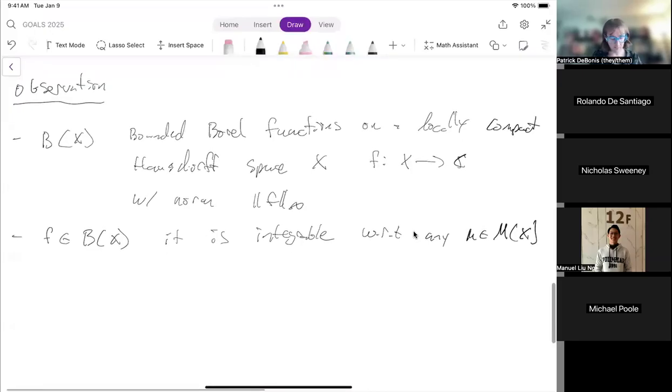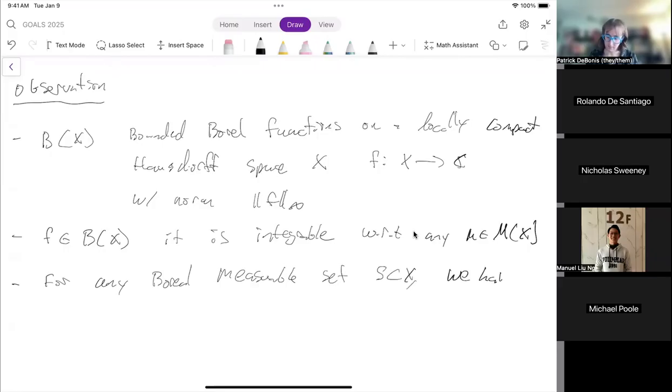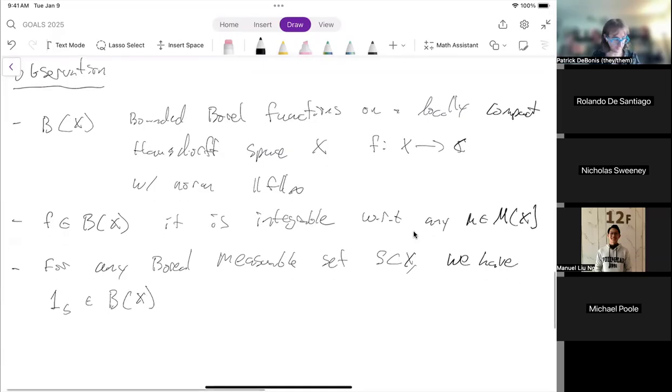And the other observation is that for any Borel measurable set S in X, the characteristic function of that set is itself a bounded Borel function.